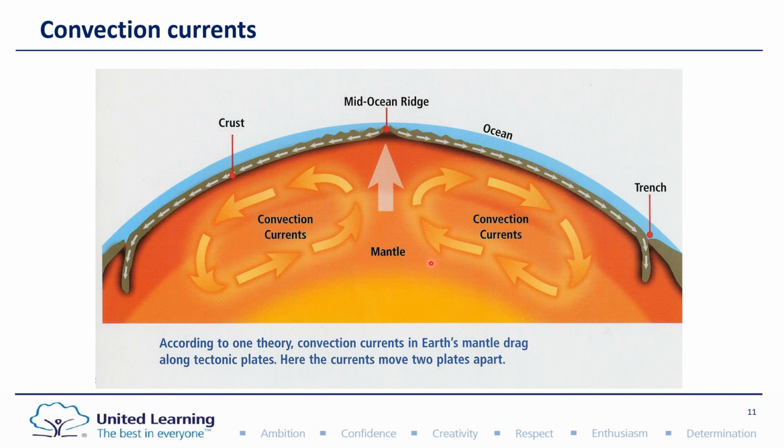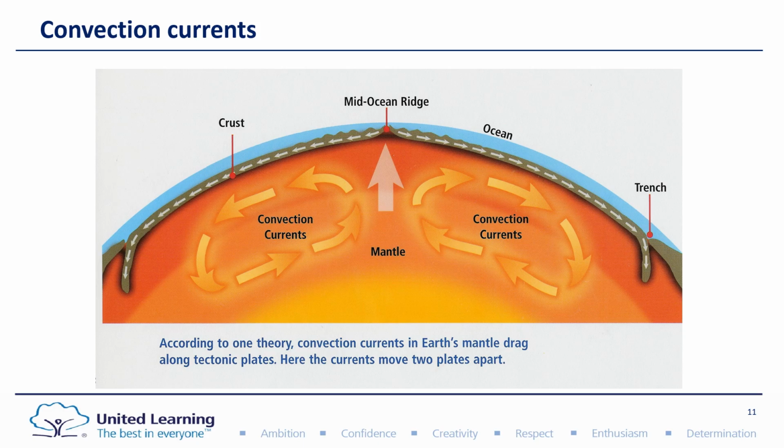So we can see the one that I've been doing, the convection current, is going to drag the tectonic plate to the right, whereas this one on the left, when the magma rises, it sticks to the tectonic plate and it's going to drag the tectonic plate to the left. These convection currents explain why Earth's tectonic plates are moving. And as the tectonic plates move, they meet at different tectonic plate boundaries.